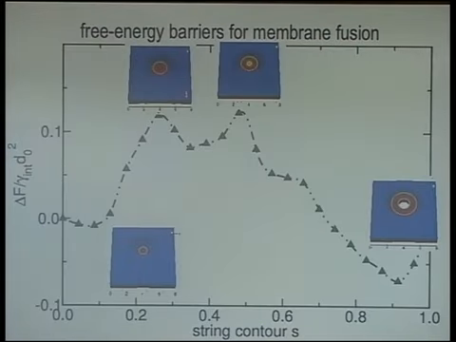If you look at the free energy barrier, then you see two barriers. This is the stalk, this is the fusion pore, which has now a lower free energy. The first is associated with the expansion of the stalk to a hemifusion diaphragm, and then there's a second barrier where you rupture the hemifusion diaphragm in the middle and create this fusion pore, and then this is downhill, opening up the fusion pore.